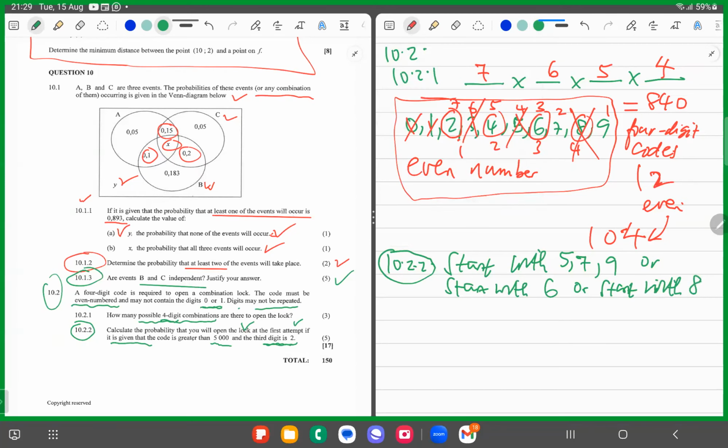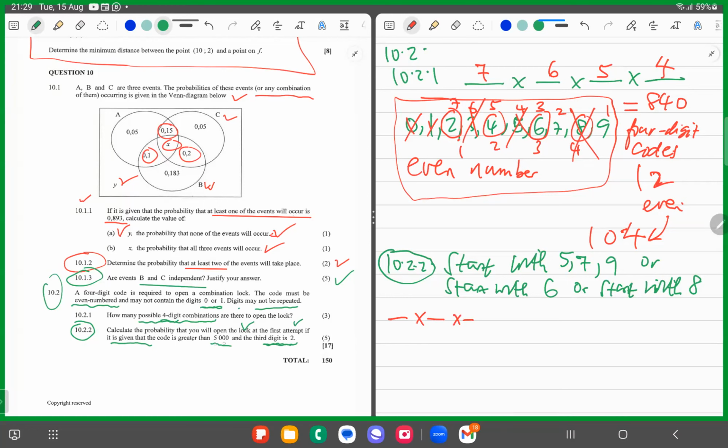So start with 5, 7, 9 or start with 6 or start with 8. Okay, so obviously we're calculating the probability that you'll open the lock at first attempt if it is given that the code is greater than 5,000. So you do this.